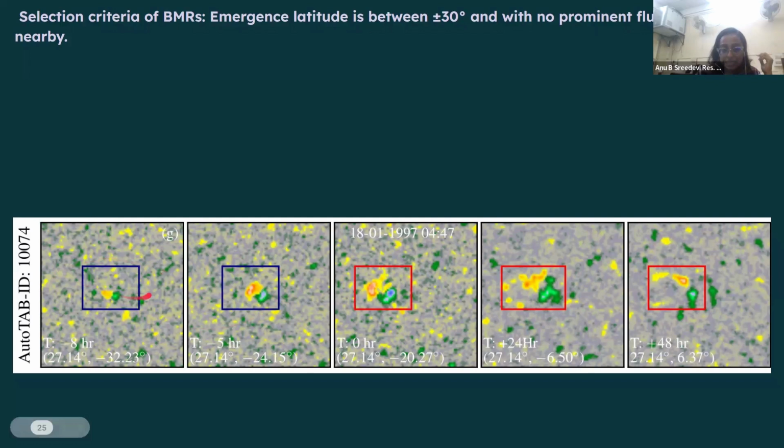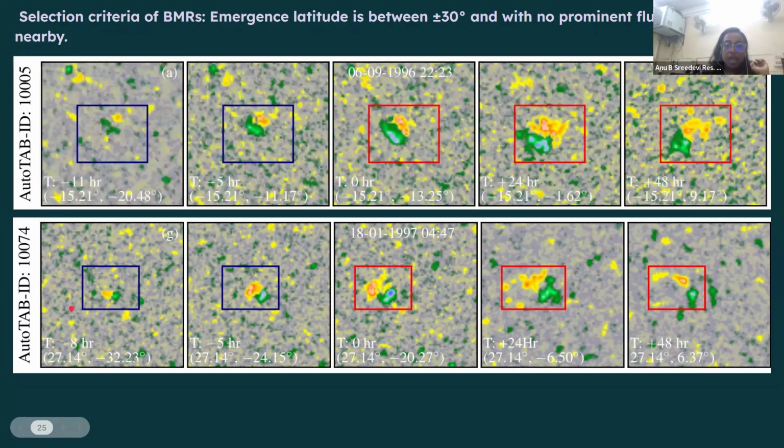In that case, we see that if this is the first signature, then the signature is emerging almost with zero tilt. Now I can show you another BMR whose signature appeared with a significant tilt, and the tilt evolved as time progresses.